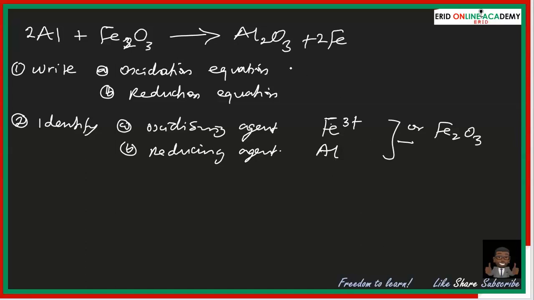So then your oxidation half equation: oxidation is the loss of electron. Between aluminum and iron, which one loses electron?